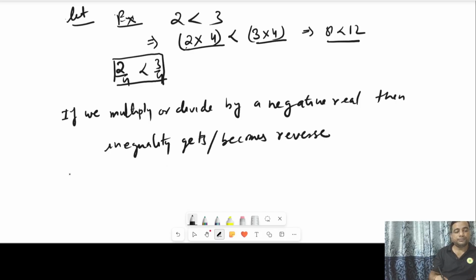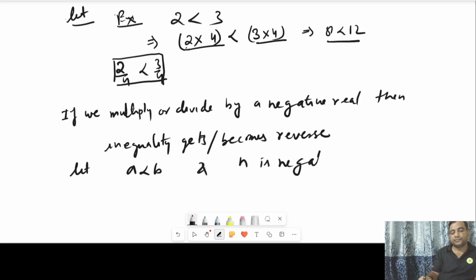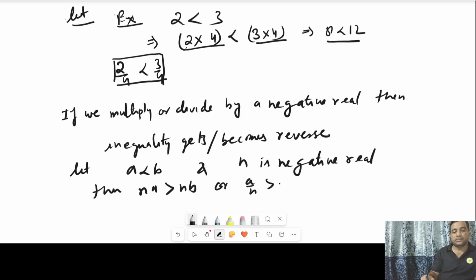For example, let A be less than B and n be a negative real. Then nA is greater than nB, or A by n is greater than B by n. Here I am multiplying by a negative real number n, and here I am dividing by a negative real number n. So the inequality becomes reversed.